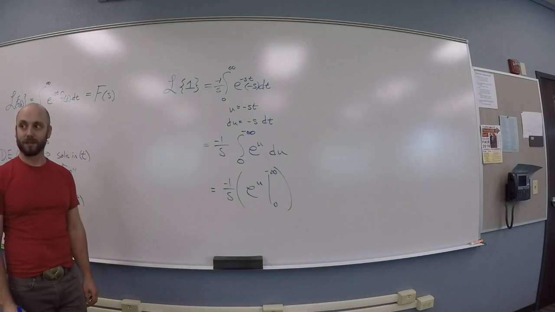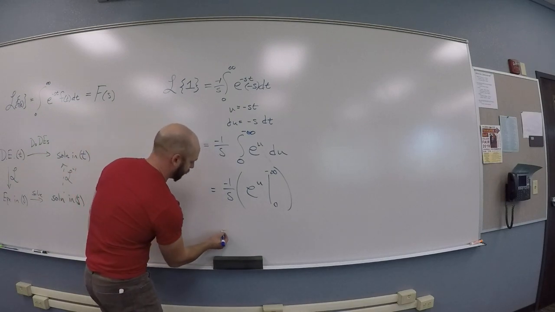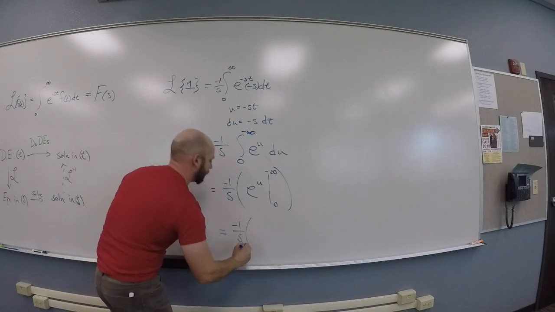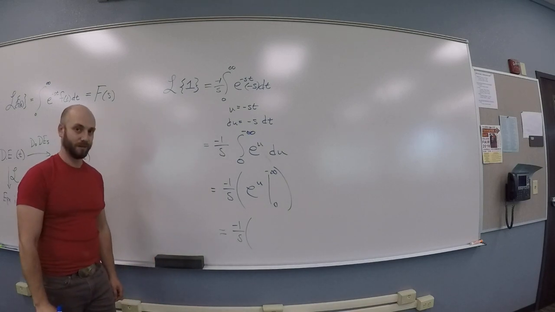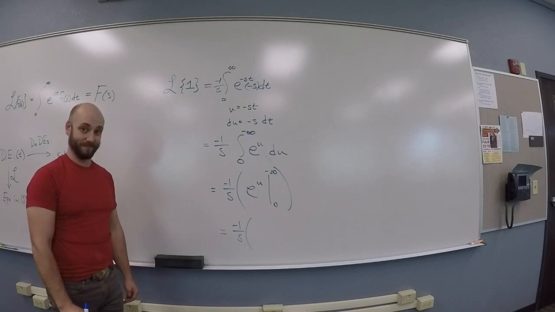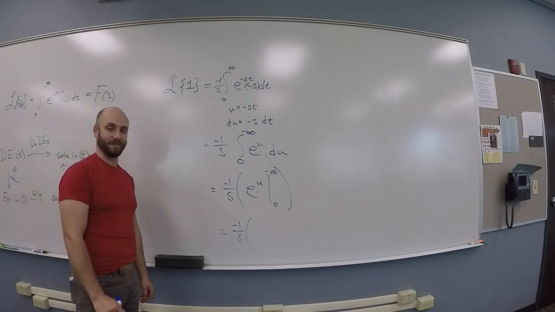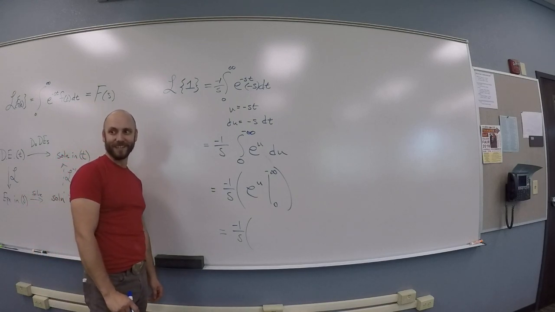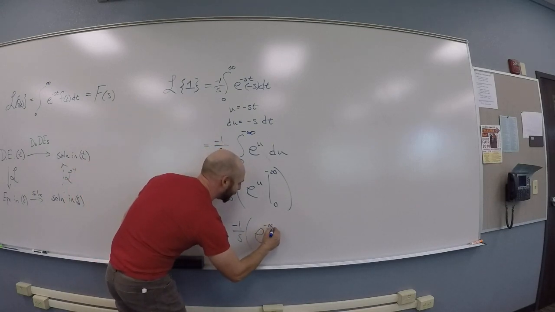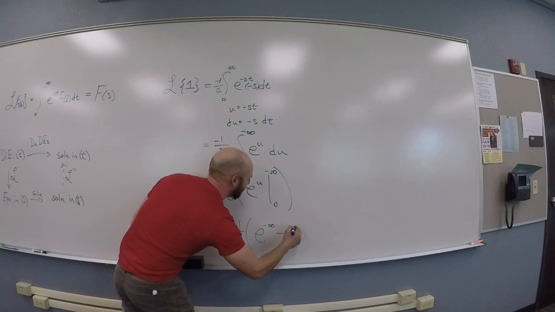Which gives you negative 1 over s times, the top minus the bottom. So that'd be e to the minus infinity minus e to the 0.